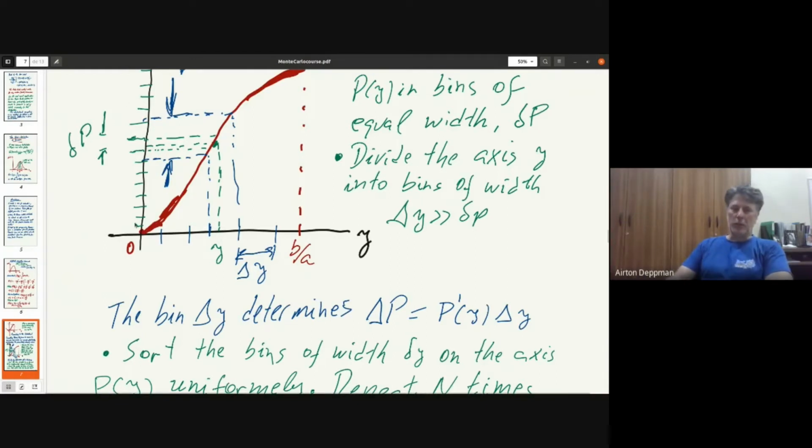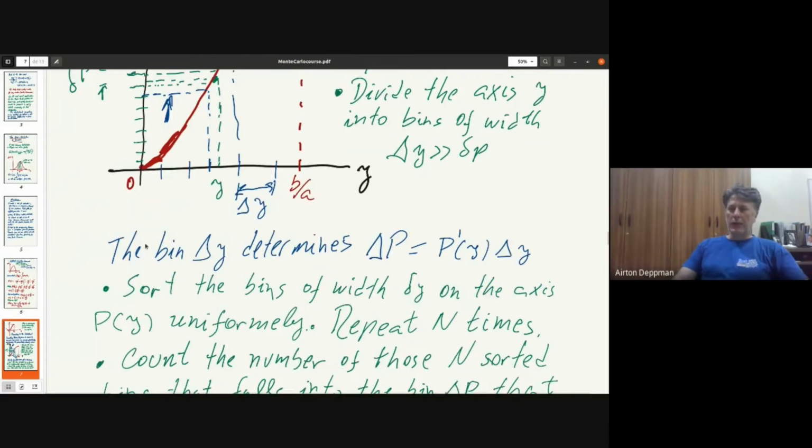Suppose that we can sort a number of events uniformly here. So uniformly means that the probability of any event to fall in any of these bins is equal, okay? A constant probability here. So if I have a large number of events sorted, the number of events in each bin tends to be the same.